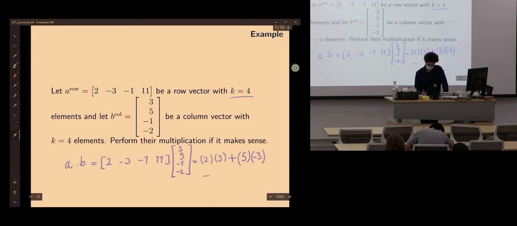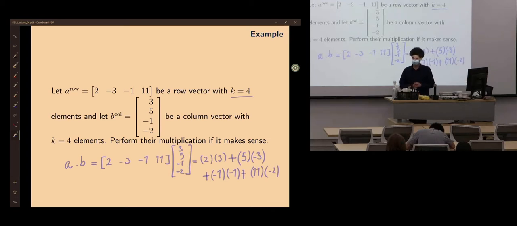I'm going to write the next line. What's the next element? Minus 1 times minus 1, plus 11. So it's not that mentally taxing to just track it. Obviously, it's not fun to do if the vectors are very long, because we might make a mistake adding them up.